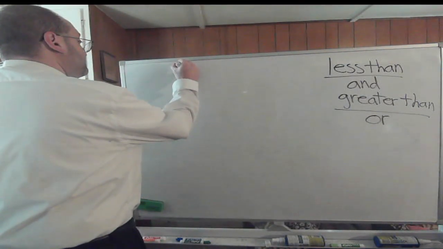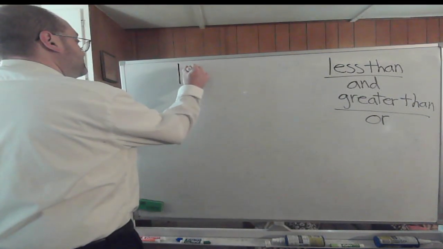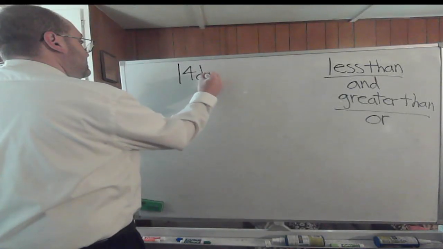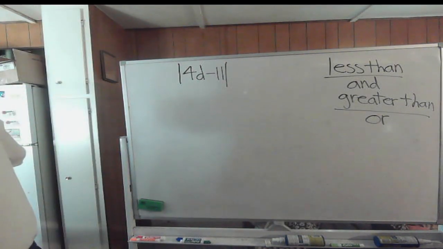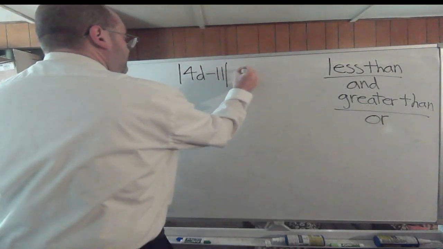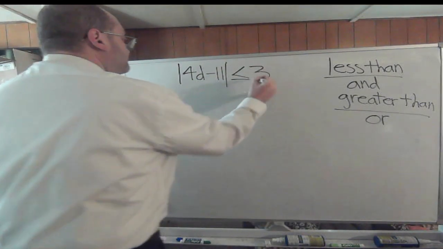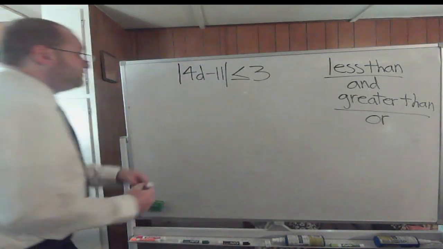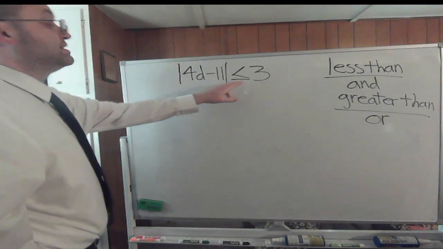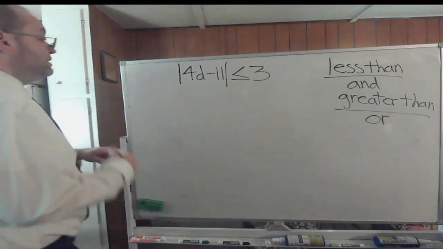Alright, let's step it up a notch here. So we have the absolute value of 4d minus 11 is less than or equal to 3.